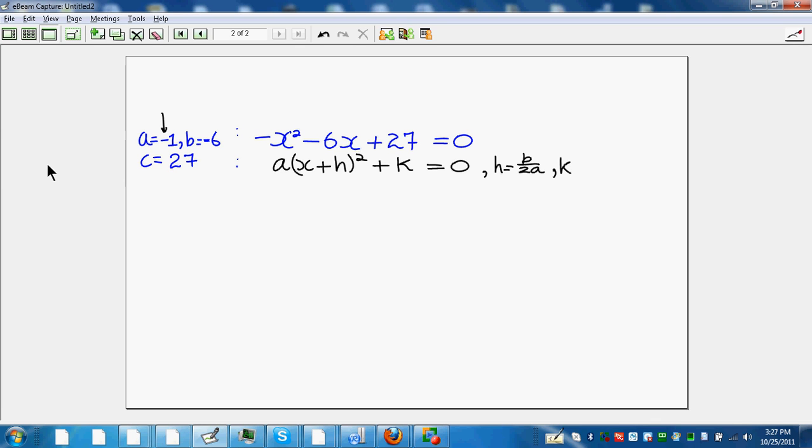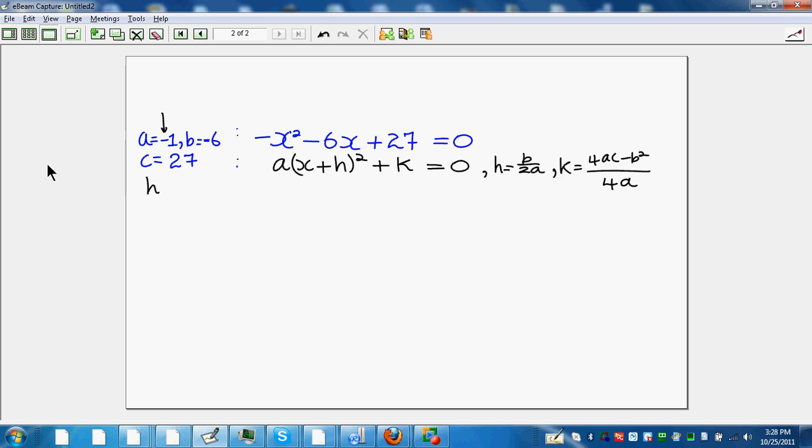And K is equal to 4AC minus B squared all over 4A. So this is what we have to commit to our memory, so we'll know it regardless of what happens in the exam.